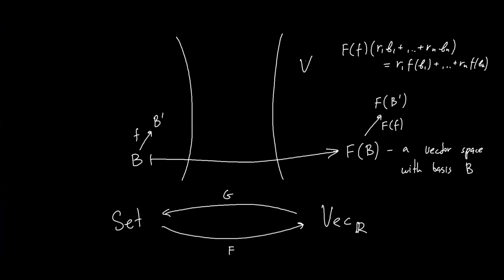So G will map a vector space V to the same set V. Before, V was a vector space, but now it's just a set. On the left side it denotes a vector space, on the right side it's just the set of vectors. So we remove all the structure from a vector space.